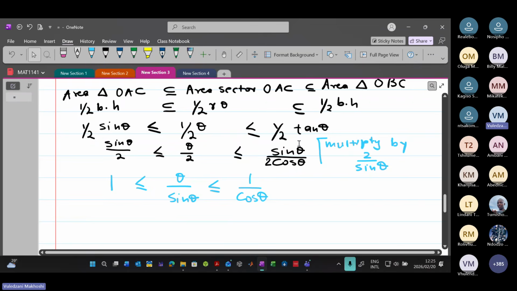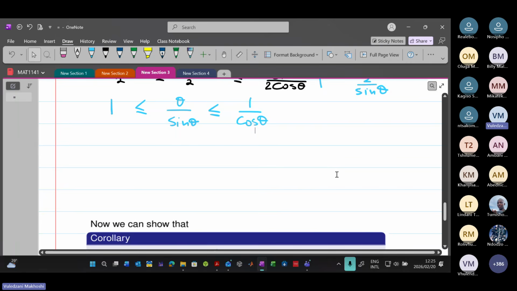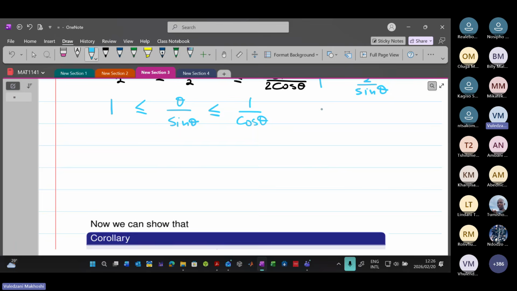Now there is something you know about inequalities.